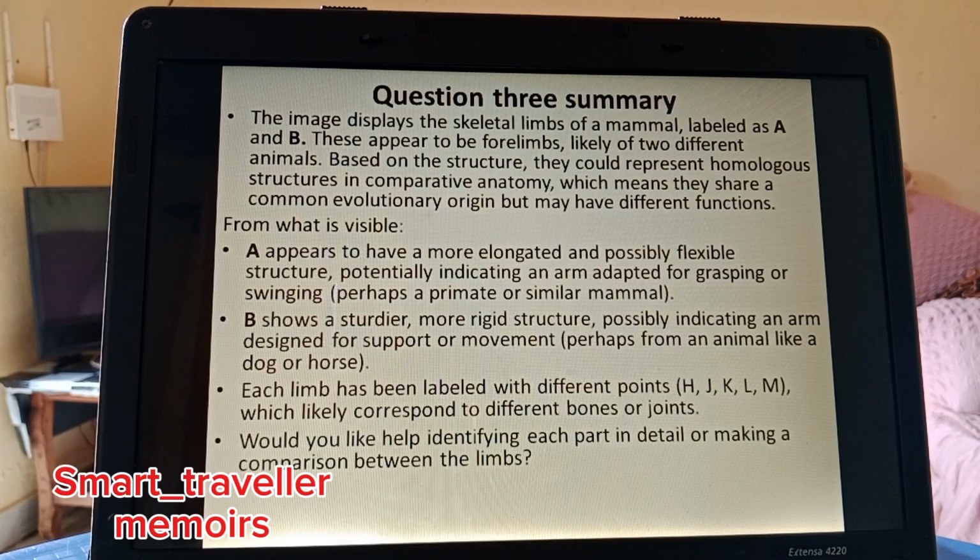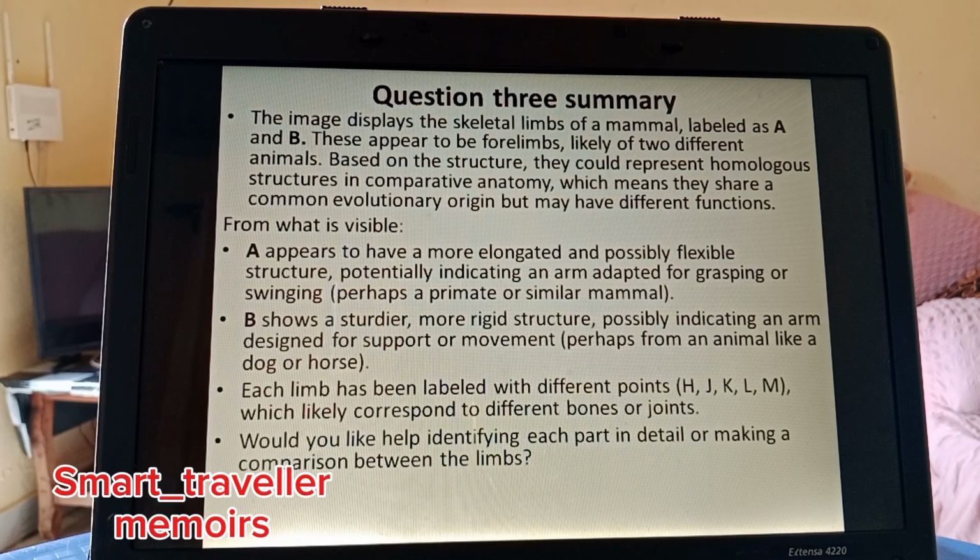From what is visible, A appears to have a more elongated and possibly flexible structure, potentially indicating an arm adapted for grasping or swinging, perhaps a primate or a similar mammal.